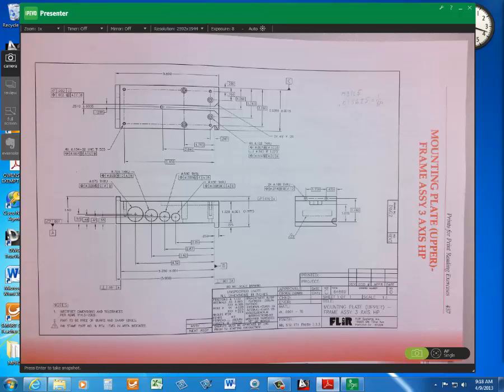A socket head is usually, in manufacturing, machining, and machine assembly, as common as dirt. If you have a counterbore, there's going to be a socket head hex screw going down in there that you use an Allen wrench on.